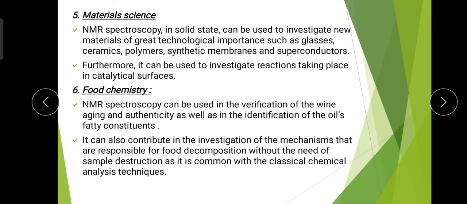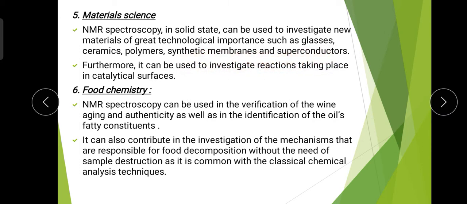Now NMR is used in different fields. The fifth application is in the material science field. NMR spectroscopy in the solid state can be used to investigate new materials of great technological importance, such as glasses, ceramics, polymers, synthetic membranes and superconductors.